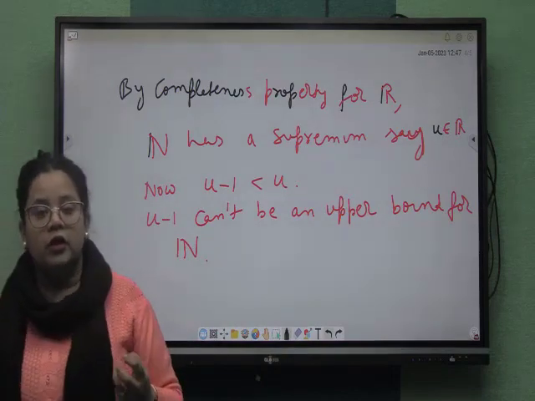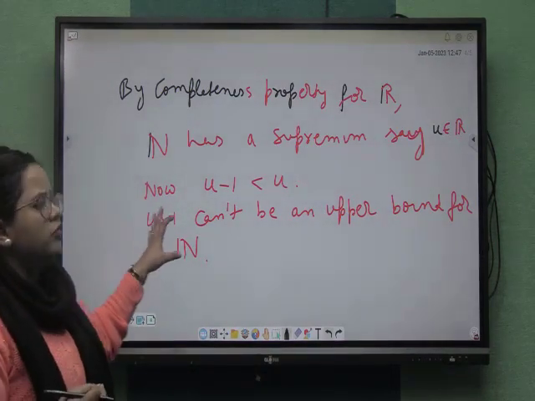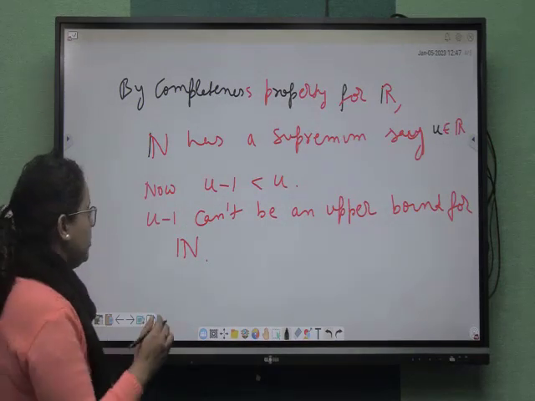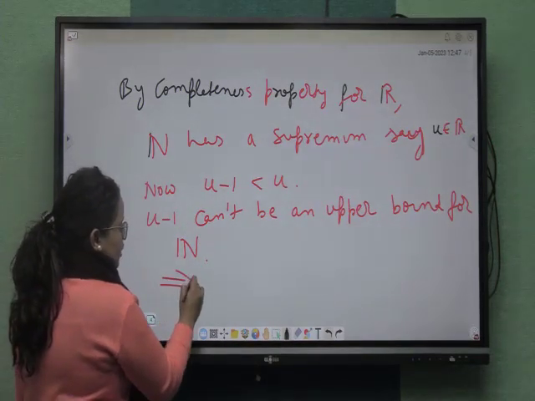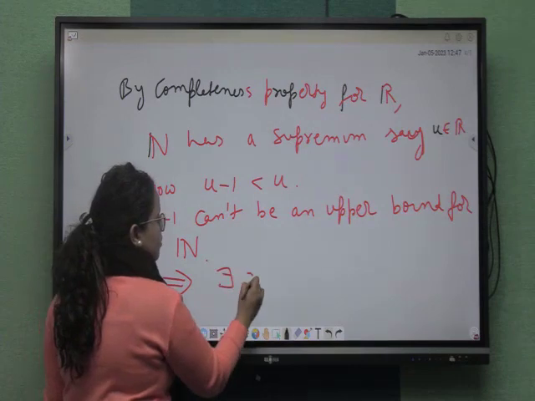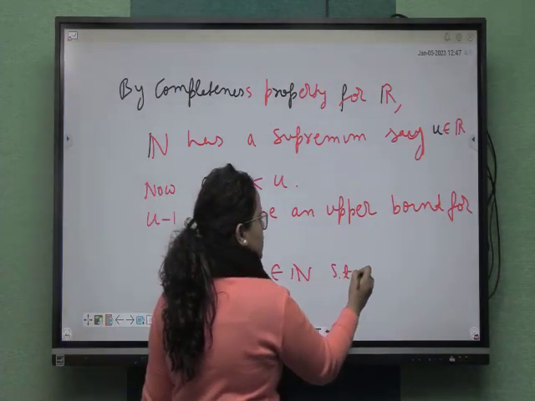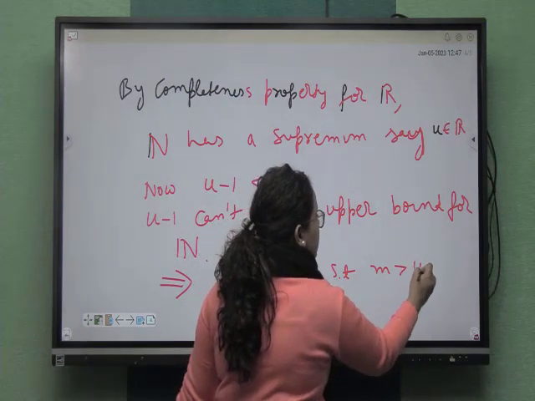If a number is an upper bound, it means all the elements of that set are less than or equal to it. Now if it is not an upper bound, this implies there exists m belongs to N such that m is greater than u minus 1.